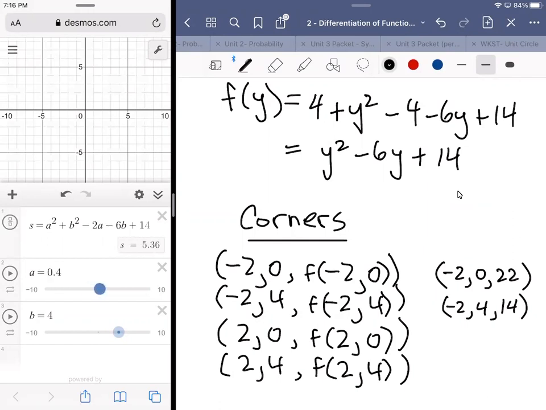Then I'm going to do it with a +2, which gives me a 6. So 2, 4, 6. And then 2, 0, 14.